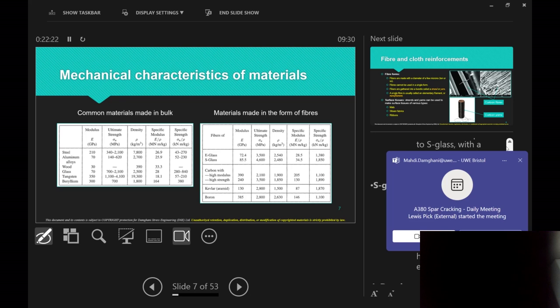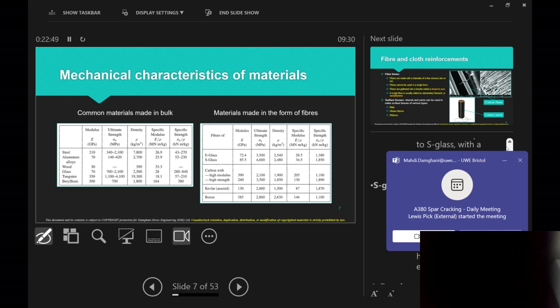Okay, so in terms of your engineers, you're dealing with strength numbers and structural applications. What's the application of each one? Go on. E-glass has low electrical conductivity, and S-glass has high tensile strength. Yeah. So, as its name suggests, E-glass is electrical glass.